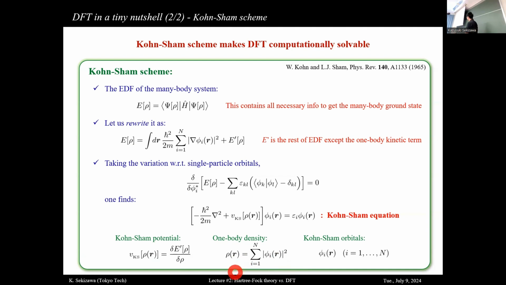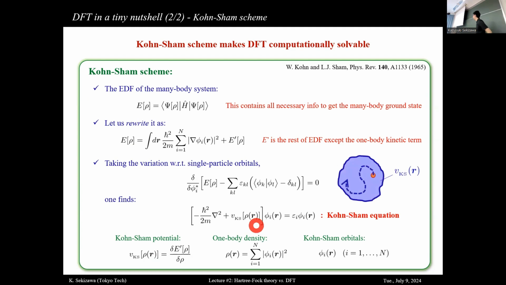And then you can solve this equation repeatedly, iteratively. Once you solve this equation, you get a new set of Kohn-Sham orbitals, which provides new wave functions and a new one-body density, which provides a new Kohn-Sham potential, and you update this term and repeat.